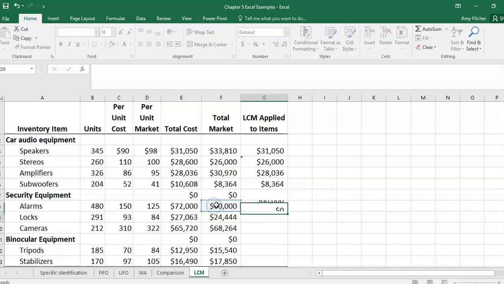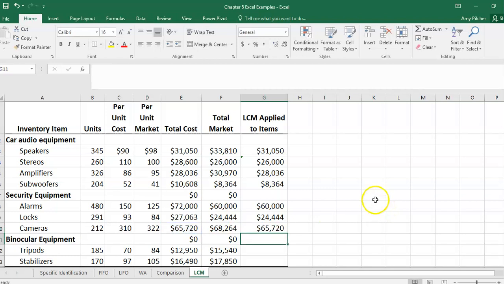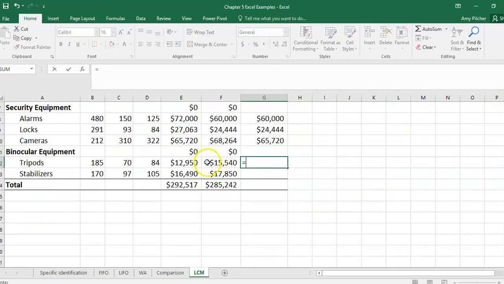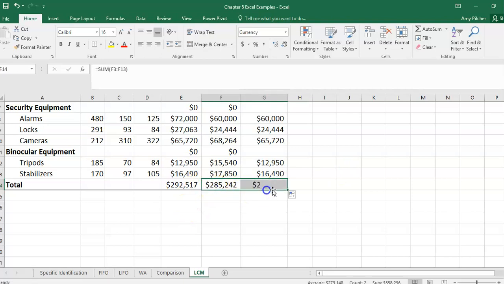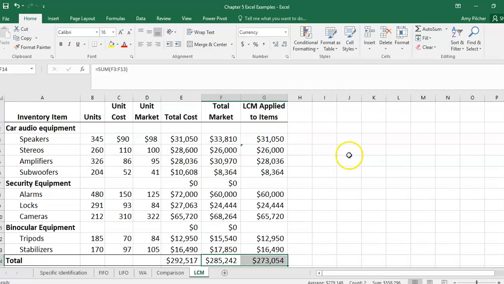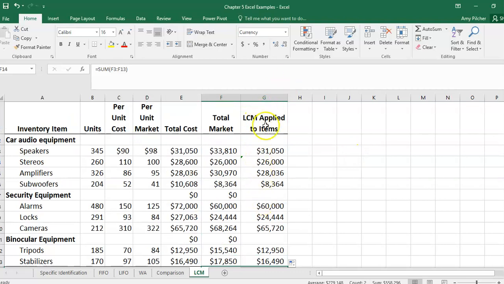For alarms, market cost. Locks, market cost. Cameras, total cost. And tripods and stabilizers, it is our historic cost. We sum up that column, and that gives us what our current lower of cost or market is for our items.